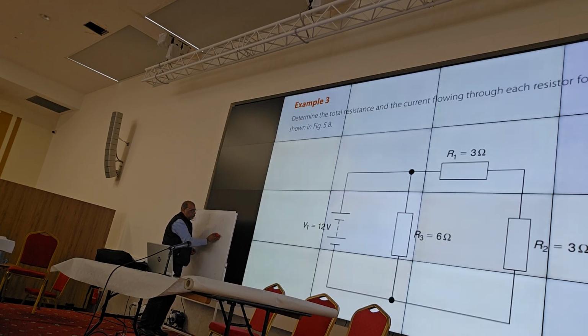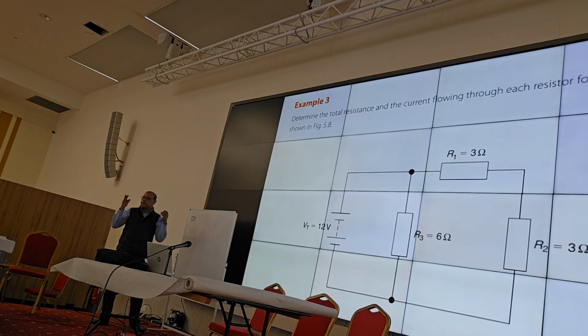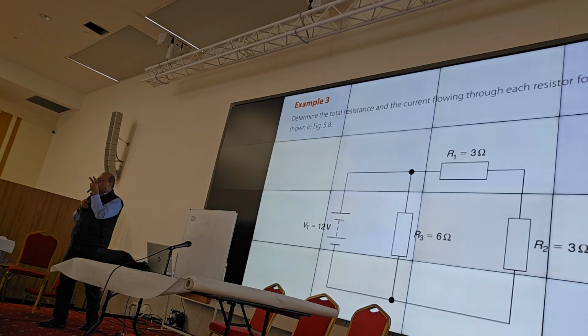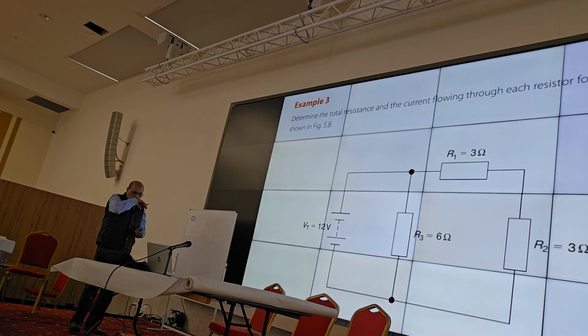Now you have two 6 ohms in parallel. If two resistors have the same value in parallel, the answer is half of the value, always. If it is 50 and 50, the answer is 25. 100 and 100, the answer is 50. Two in parallel, same value. But if there are three, then it's different. Then apply the formula. Okay?